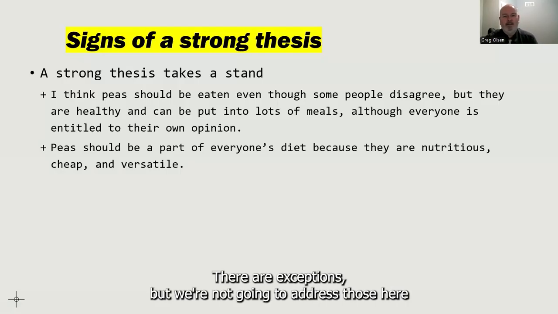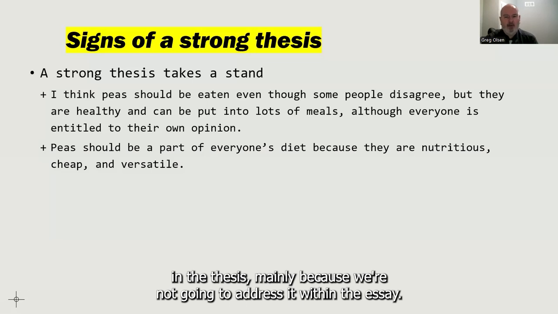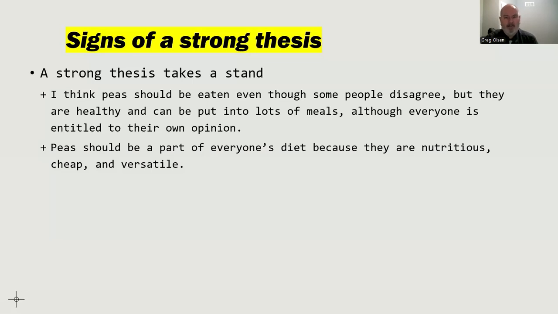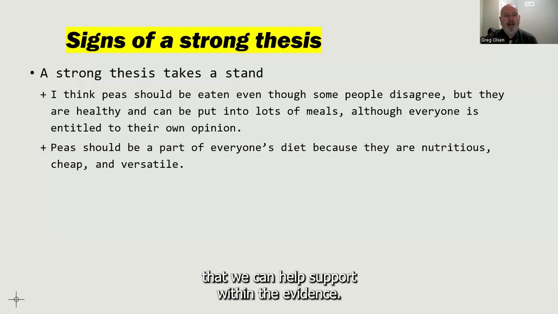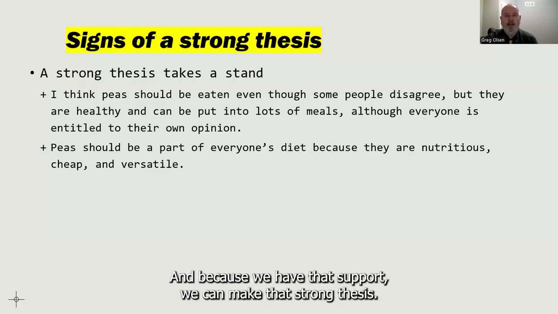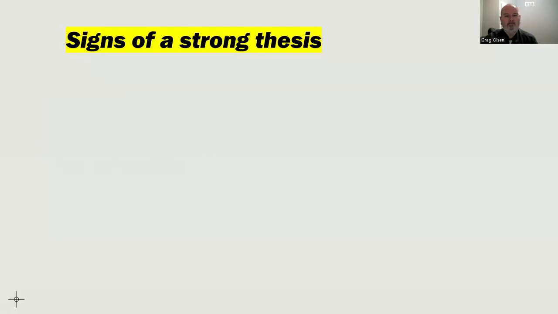There are exceptions, but we're not going to address those here in the thesis, mainly because we're not going to address it within the essay. So we want to make sure that we're just giving that strong thesis that we can help support within the evidence. Okay, so again, we're not going to prove it, we're just going to support it. And because we have that support, we can make that strong thesis.